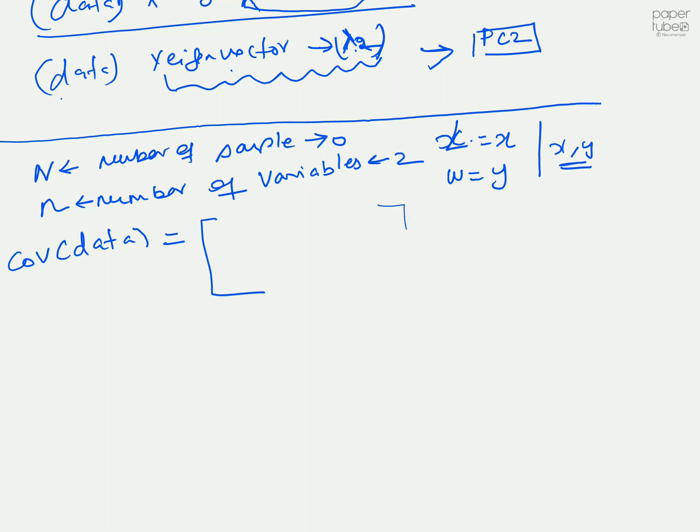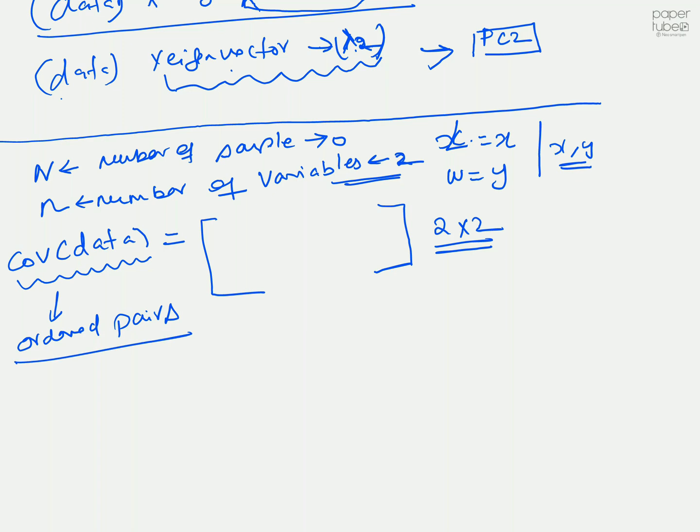I said the covariance matrix is a square matrix, and since we have only two variables, you will get 2 by 2. If we have two variables, this covariance matrix will contain ordered pairs. How many ordered pairs? That will be equal to n squared.